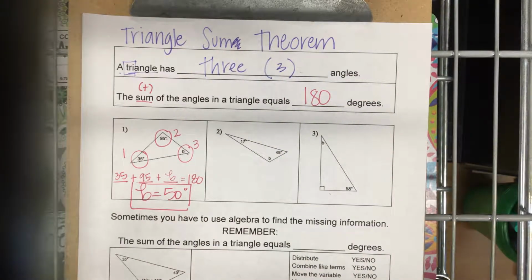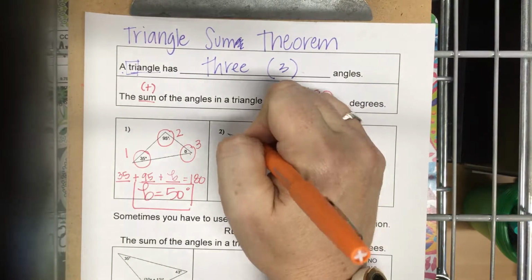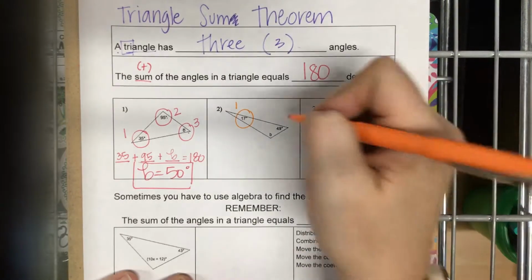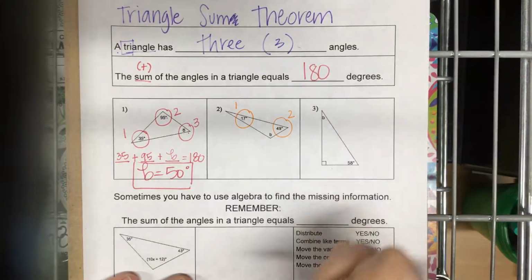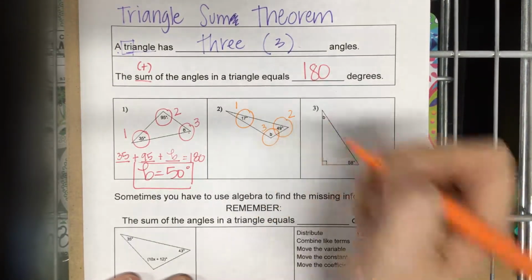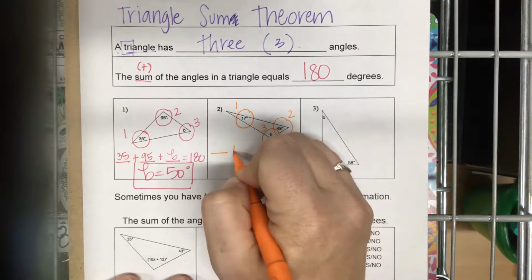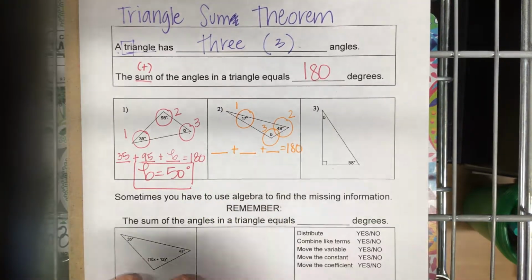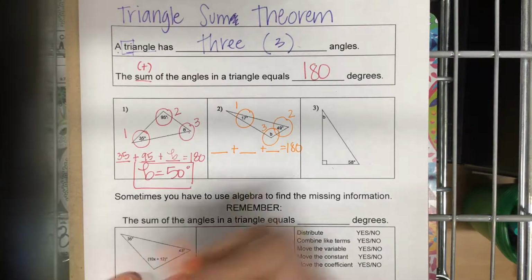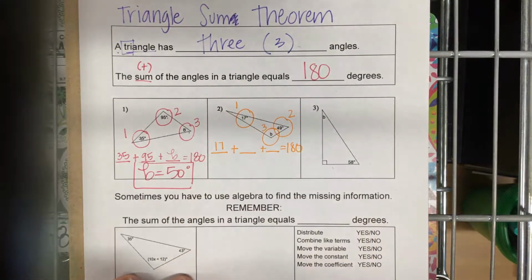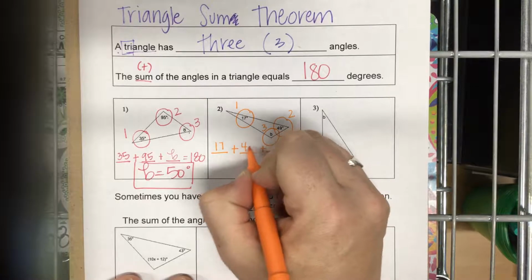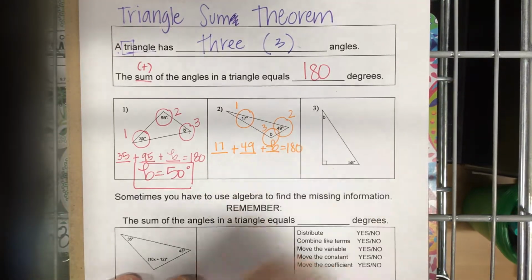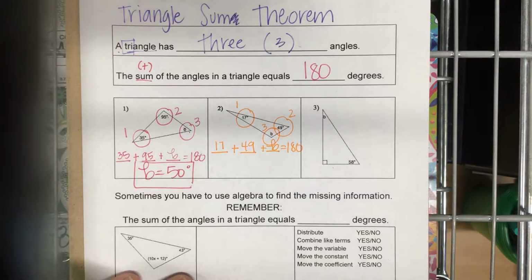So same process for the next one. These are going to be our easy ones. I have angle 1, it doesn't matter where you start, angle 2, and angle 3. Angle 1 plus angle 2 plus angle 3, because it's a triangle, is always going to equal 180 degrees. 17 plus 49 plus B, could be any variable.